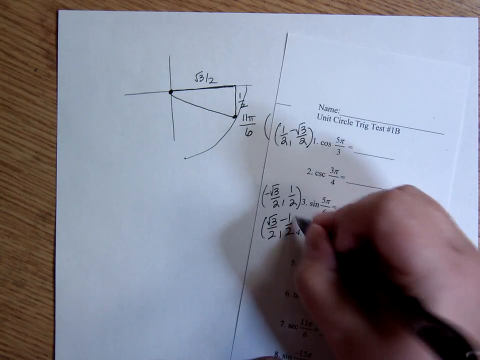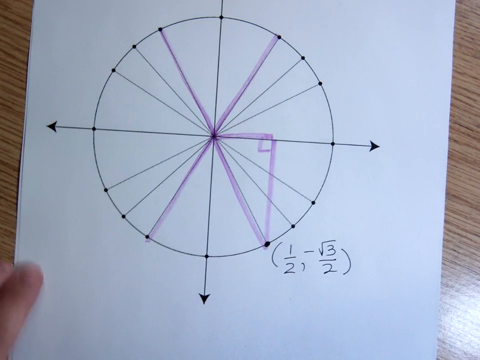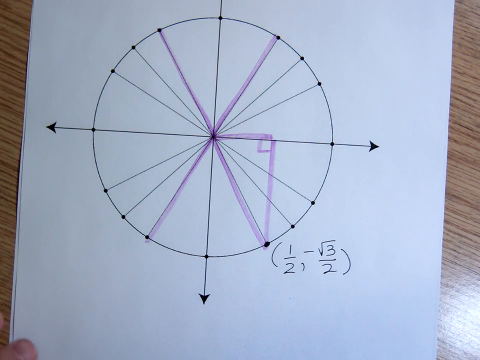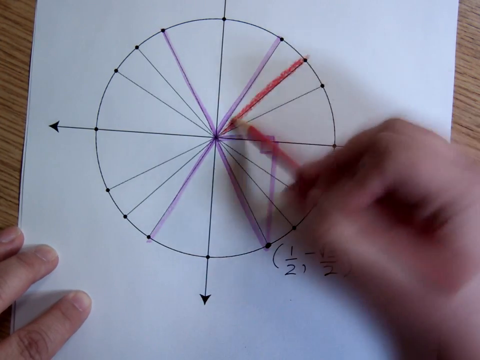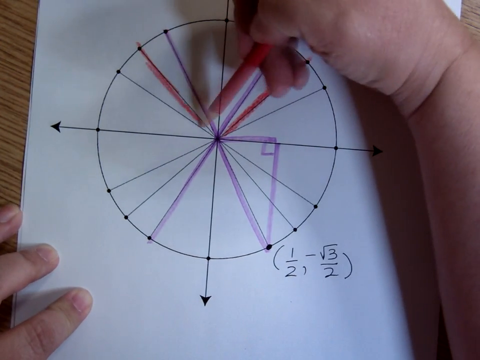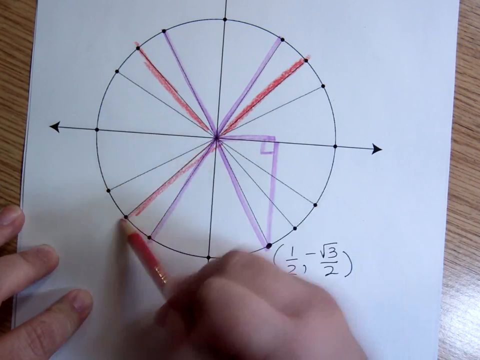Now let's look at a couple of these other ones, the fourths, for instance. Well, let's see. I think I may have used up all my pretty unit circles. How about I'll put it on here? All right, fourths are the ones that are in the middle of each quadrant. This is a fourth. This is a fourth. This is a fourth.